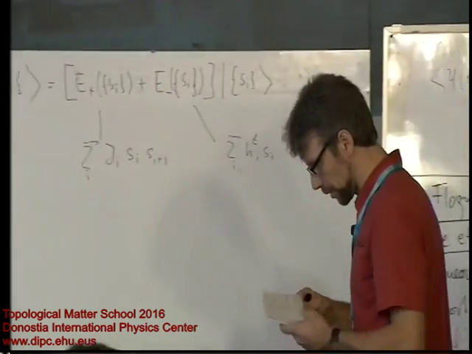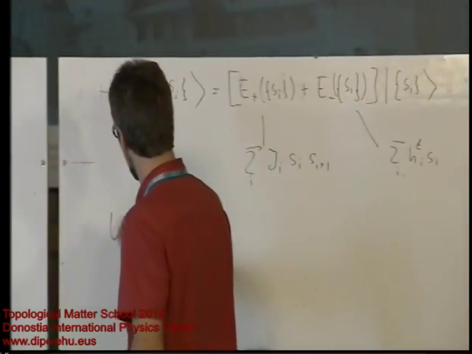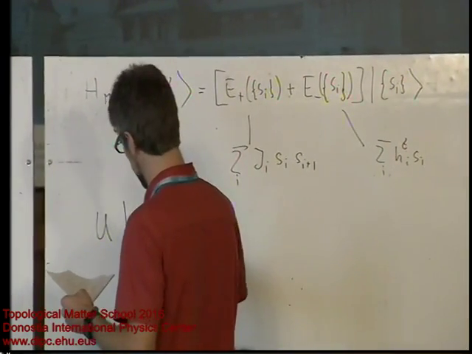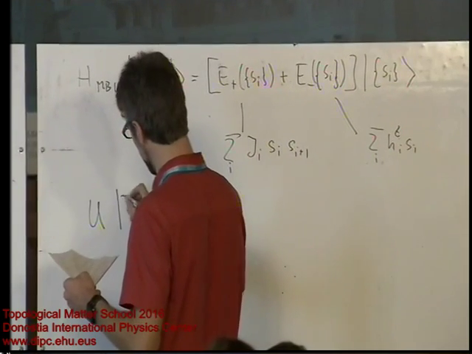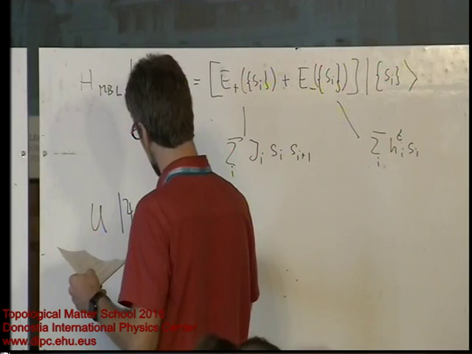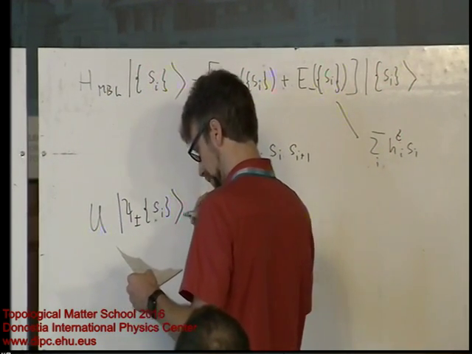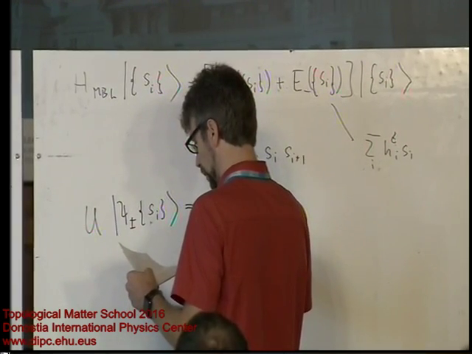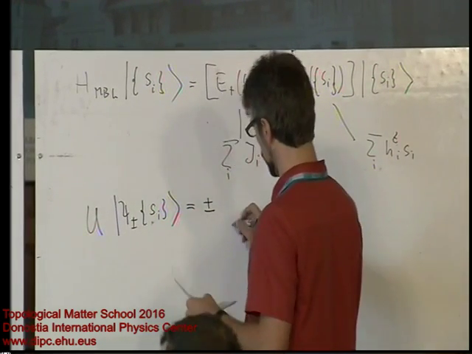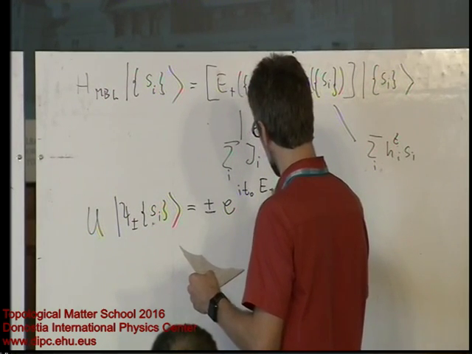Okay, so knowing this, I can now write down the eigenstates and eigenvalues of the unitary. For such a spin configuration Si, there are two eigenstates of the unitary, which have eigenvalues plus or minus e to the i t naught times E plus.